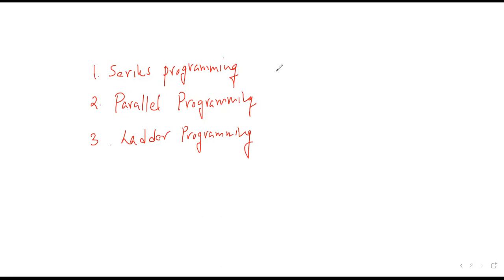In series programming, we represent the pulse transfer function as a multiplication of pulse transfer functions, G1(z), G2(z), and so on up to p number of them. Some of them will be first order, some of them second order.